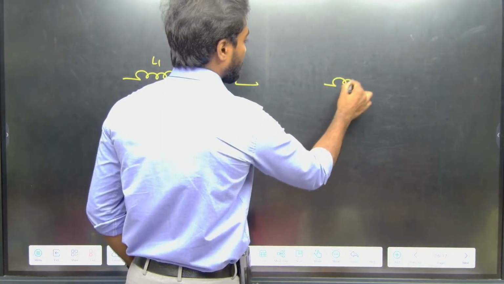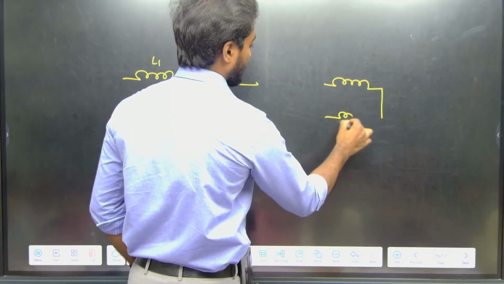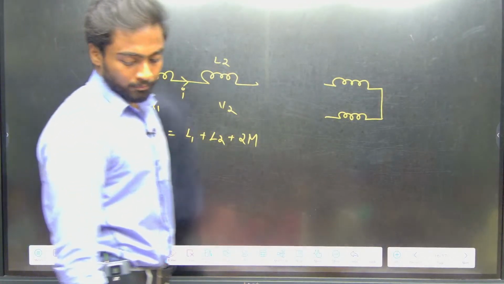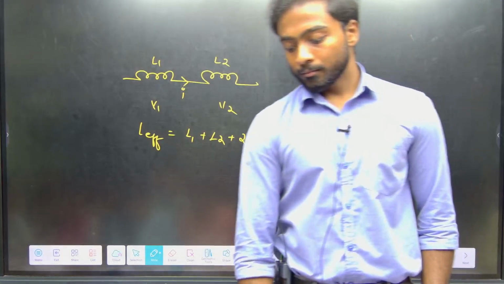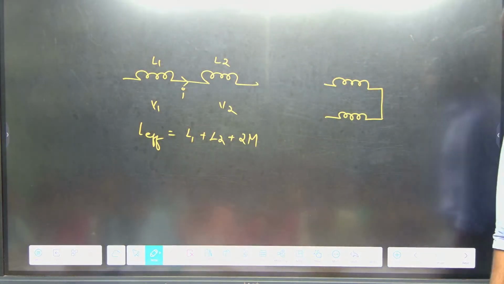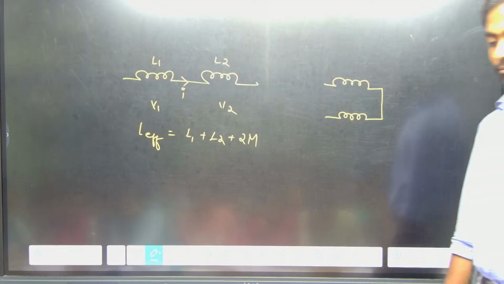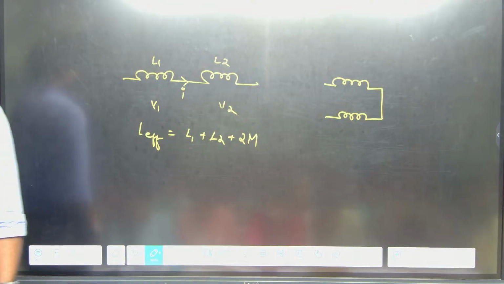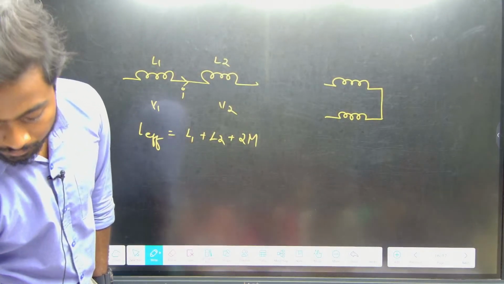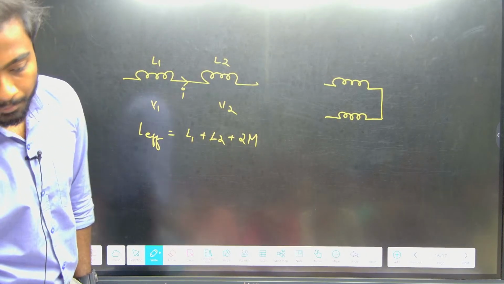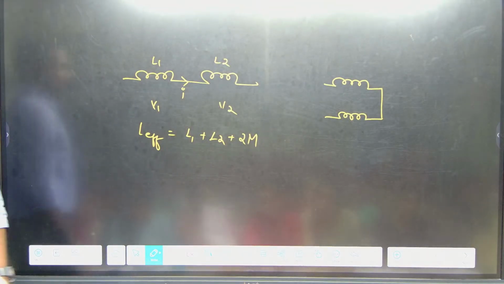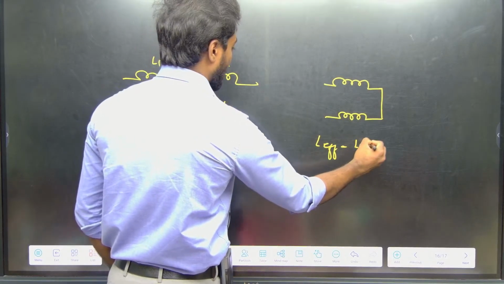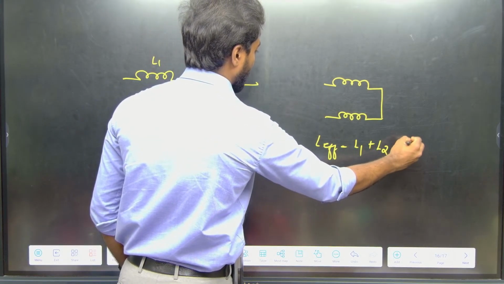So next is parallel combination. What happens here means L effective will be equals to L1 plus L2 minus 2M.